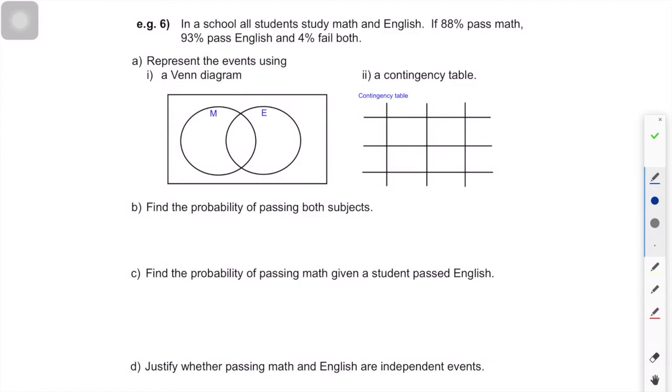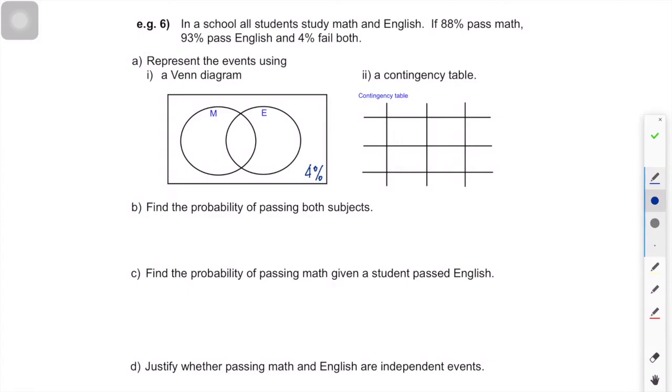So if I use a Venn diagram, I know one region for sure, which is students who failed both subjects. They won't belong to the 2 circles. That means 4% goes here, okay? But all I know is 88% pass math and 93% pass English. There's no way for me to know, at least from the question directly, how many students failed or passed both subjects, okay?